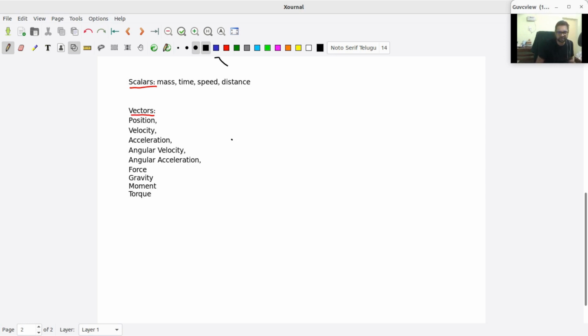Whereas in the case of a position vector, let's say you take a position vector going from one point to another point. The position vector will have a magnitude, which is the distance from this point to this point, and then you have the direction in which it is going. So let's say you have x-axis like that and y-axis like that on the plane. This is your x and this is your y.